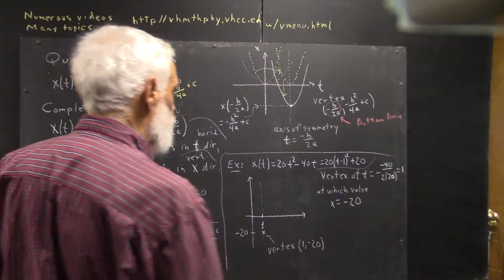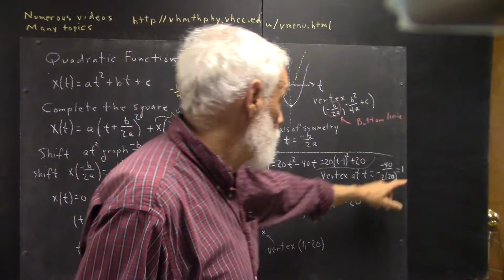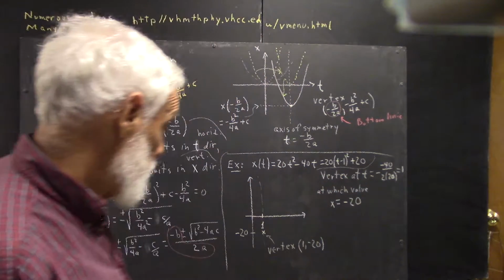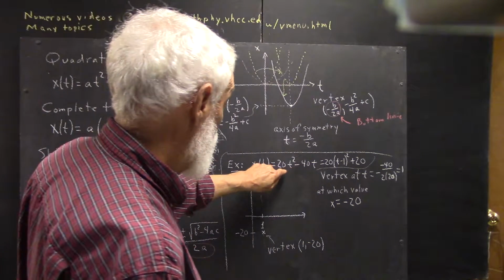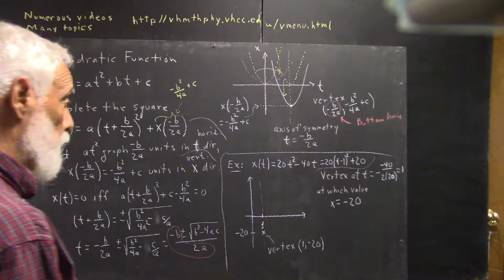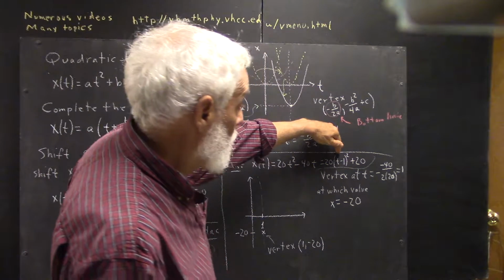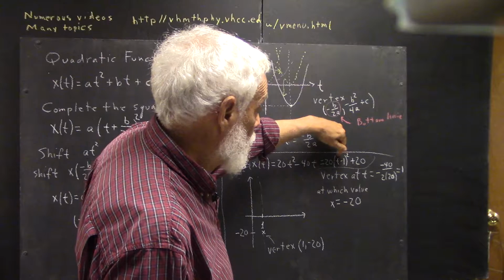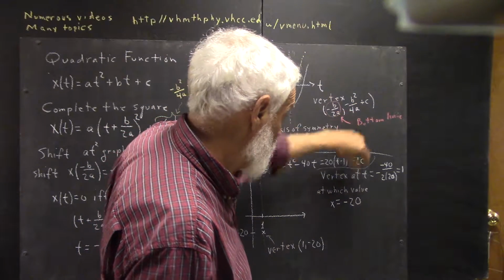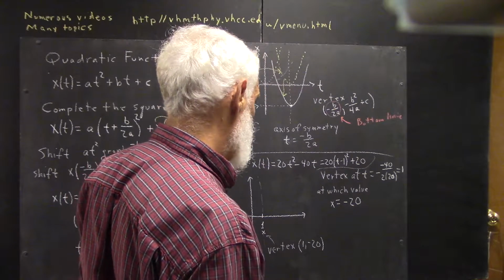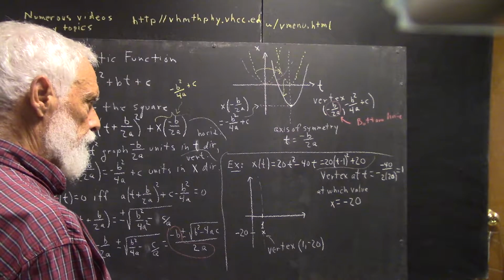The vertex is at 1, negative 20. Plug in 1, we get negative 20. The graph opens upward because you have a positive number in front of t squared. If you use this form, if t changes from 1 to 2, then you've got 20 times 1 squared minus 20.